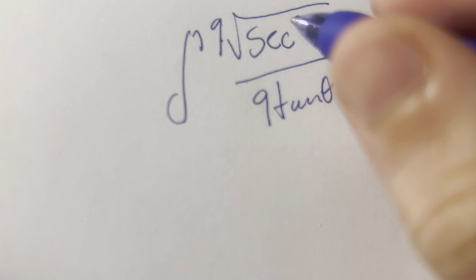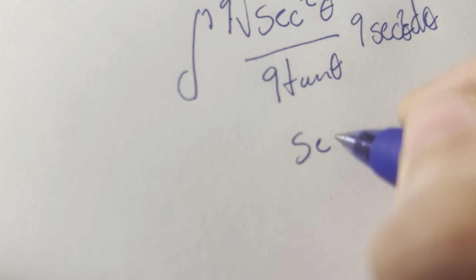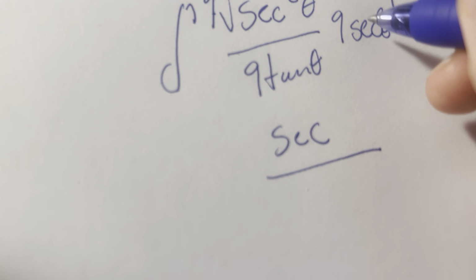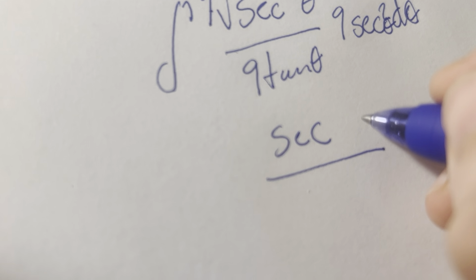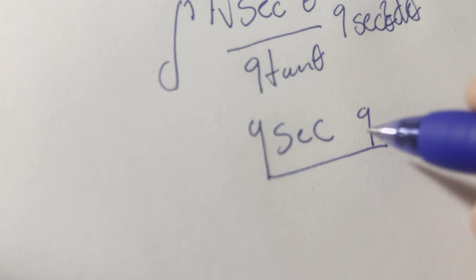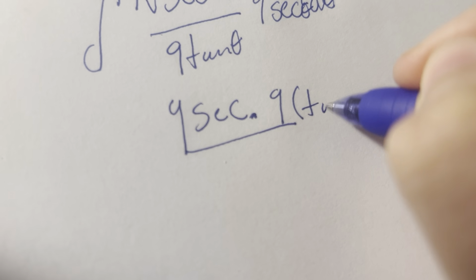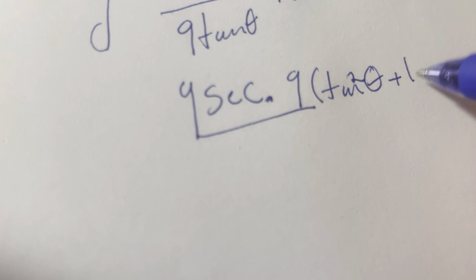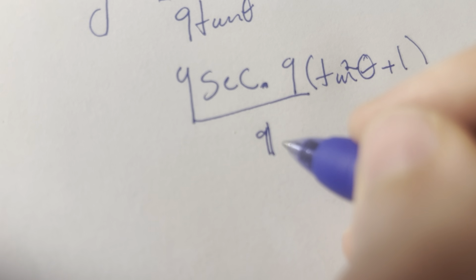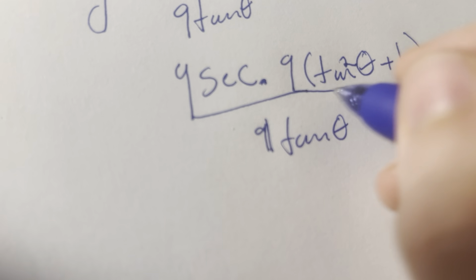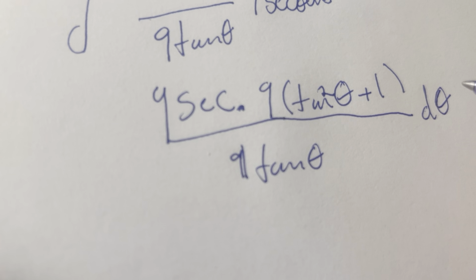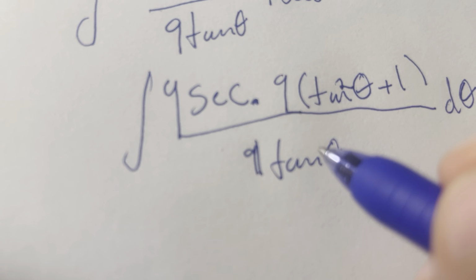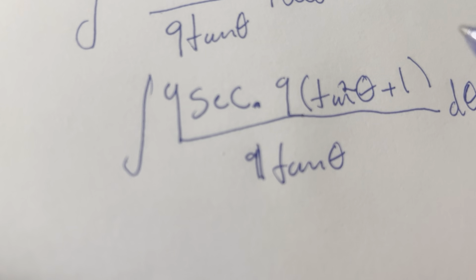So now at this point we can square root the secant, and that will just be secant, times, since this is secant squared, we can perform an identity. So this would be 9 secant times tangent squared theta plus 1, all over 9 tangent theta. And can't forget to include our d theta. Okay, so now we can start distributing.